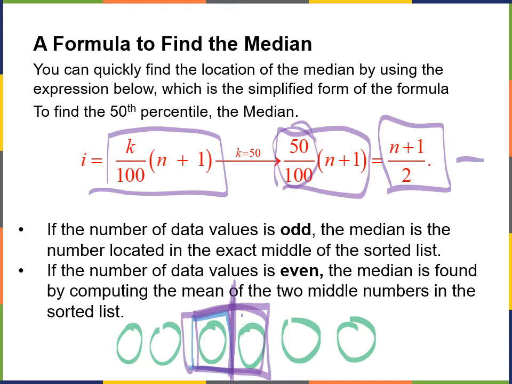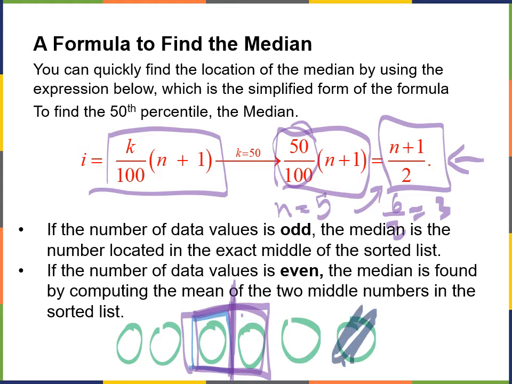This will tell us how far to count, but what you're going to see is that that's going to be a fractional value when we have an even number. So think about it. If n is 5, okay, we would get this formula to be 5 plus 1, which is 6, over 2 would give us 3. So that says we should have the 3rd data value over.